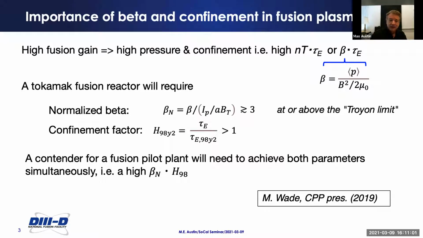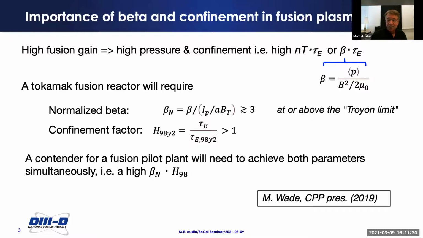A tokamak fusion reactor will require a normalized beta greater than or equal to 3, the so-called Troyon limit, and a confinement factor, normalized to the 98Y2 scaling law, greater than 1.